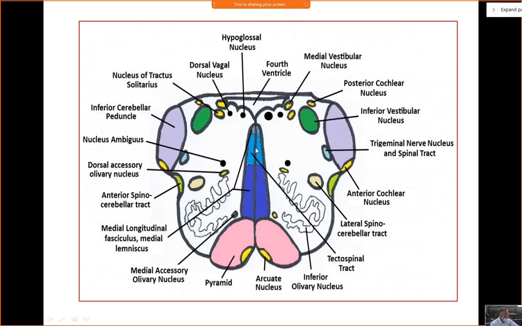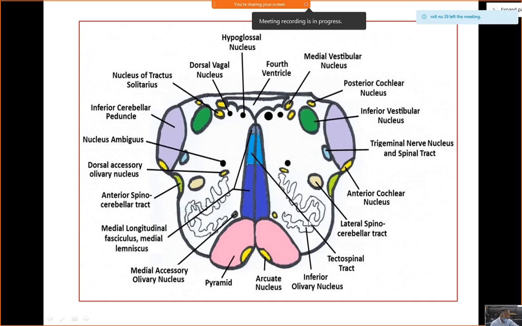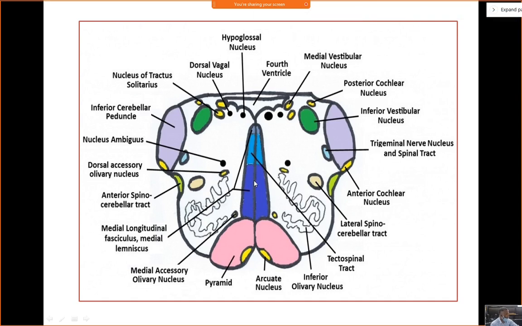Okay. Then the medial lemniscus. From this medial lemniscus, fibers will go to the opposite side of the cerebellar hemisphere. Okay, so fibers will go to the opposite side of the cerebellar hemisphere here.